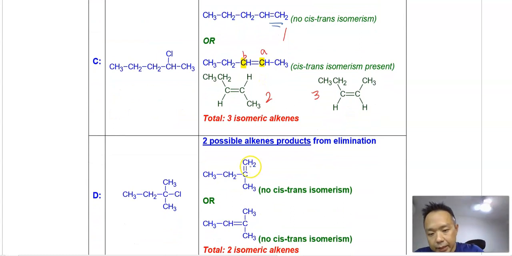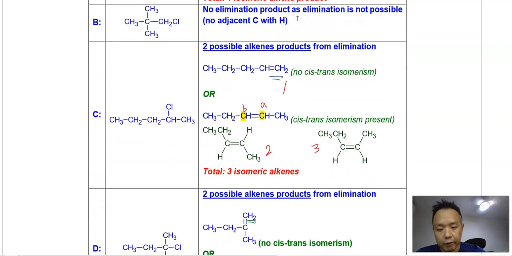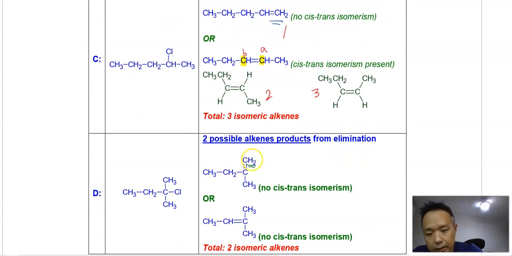For the terminal alkene, eliminating via the red way, the C=C double bond is between here. There is not going to be any cis-trans because a terminal alkene cannot exhibit cis-trans, since this carbon has two of the same substituent.